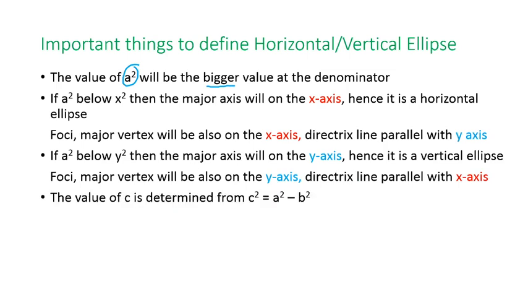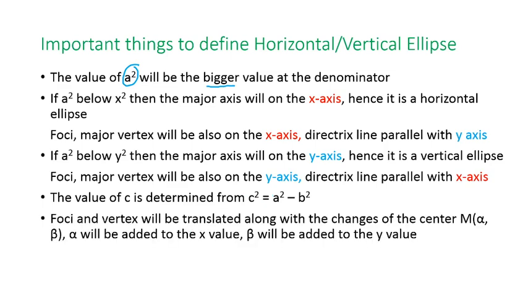The value of c is usually determined using c squared equals a squared minus b squared. Remember that a is the bigger value, so you have to subtract from a squared to get the value of c squared. Foci and vertex will be translated along with the changes of the center to alpha, beta. Alpha will be added to the x value, beta will be added to the y value.